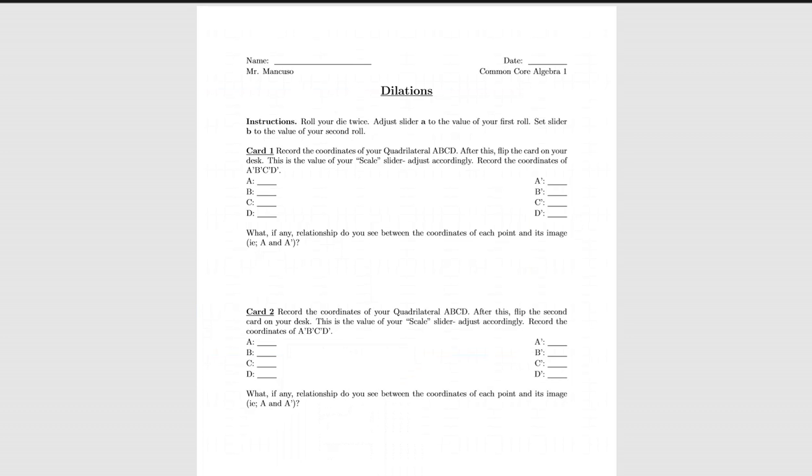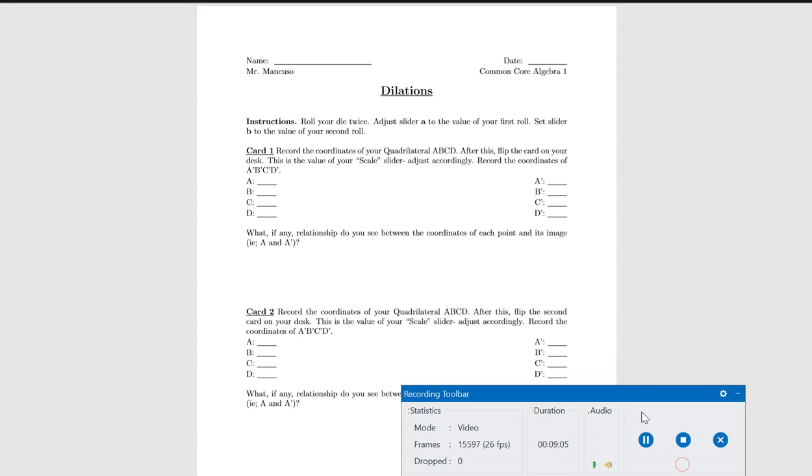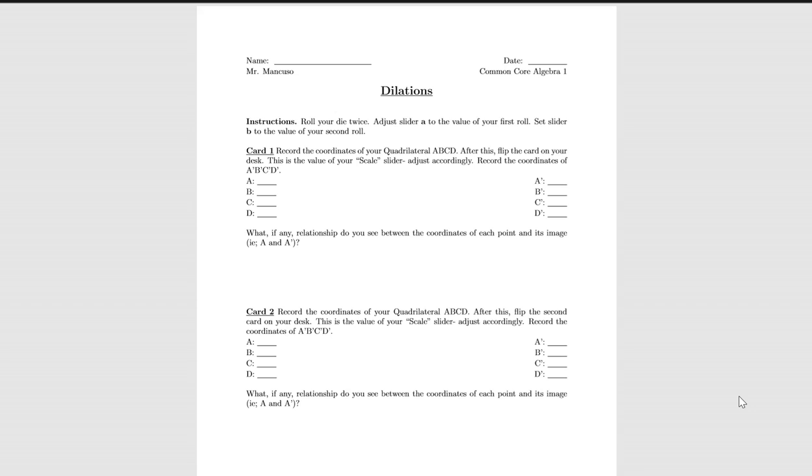Now this worksheet goes along with the GeoGebra model, and we're going to be filling in this worksheet according to the model. So the instructions tell us to roll a die.